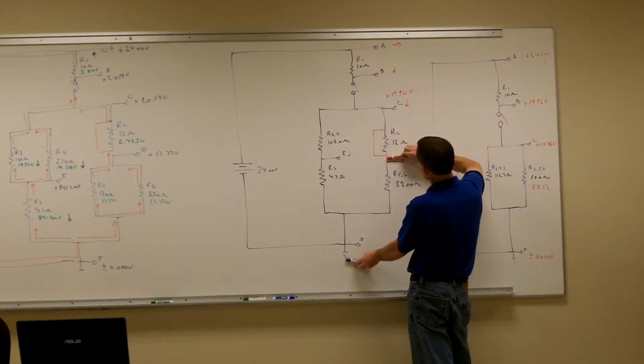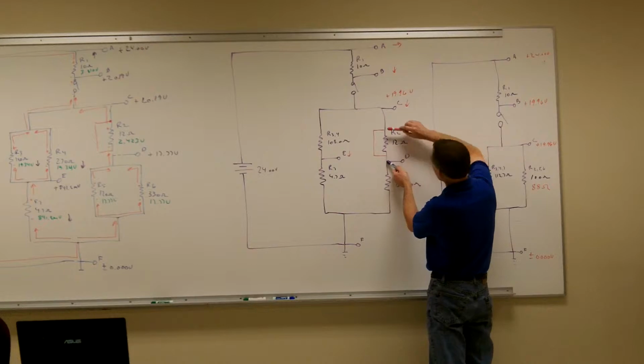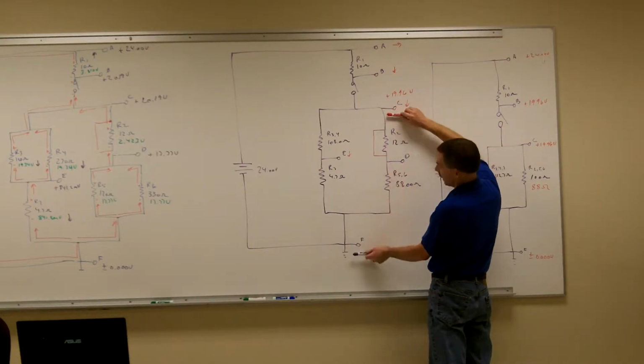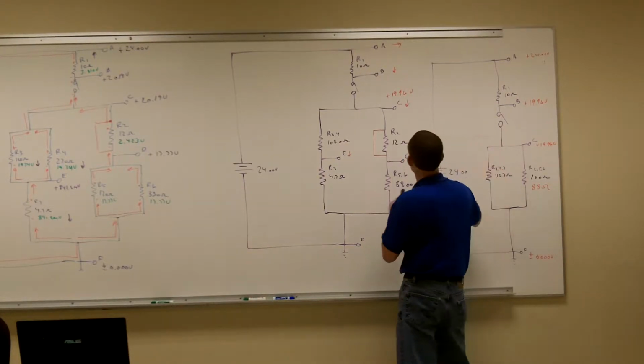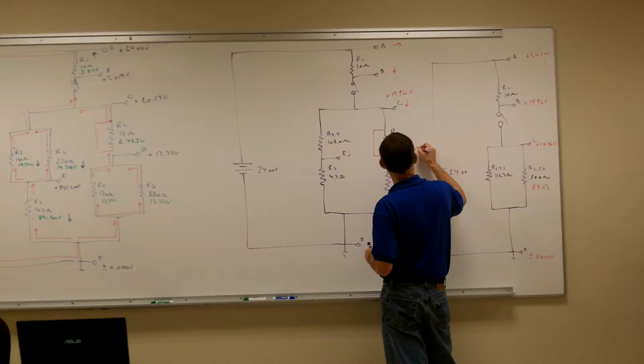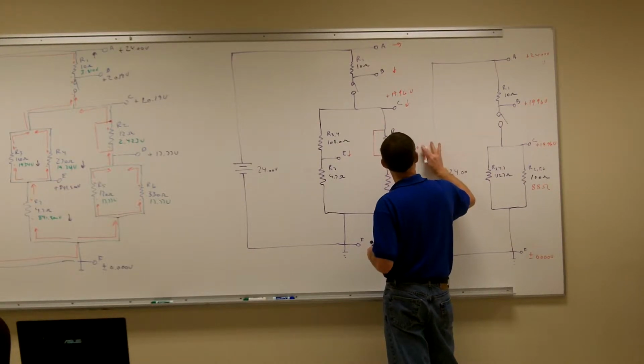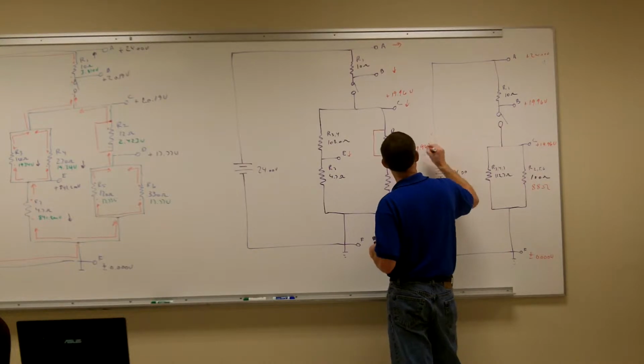And if I go through a short, that's basically like me just connecting test point C to D together, right? So what would I get at test point D? I get a positive 19.96 volts.